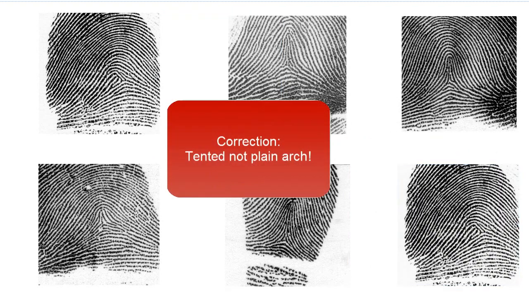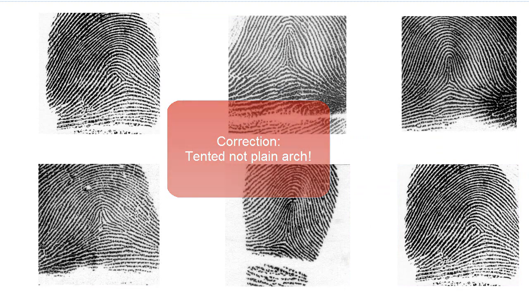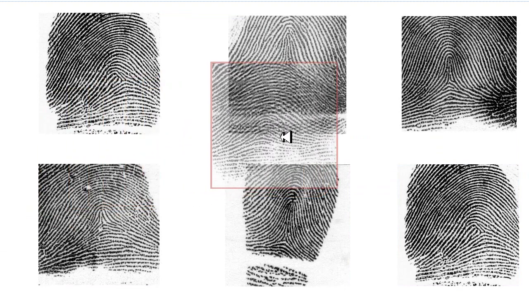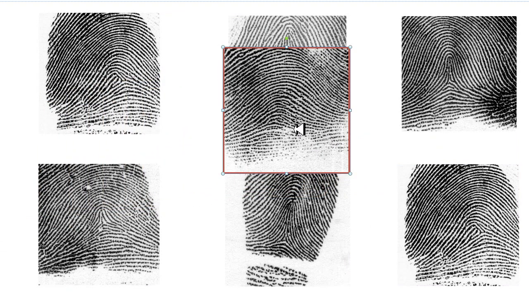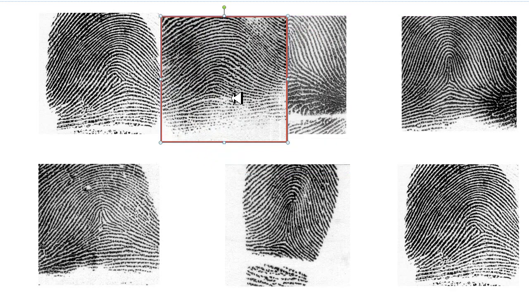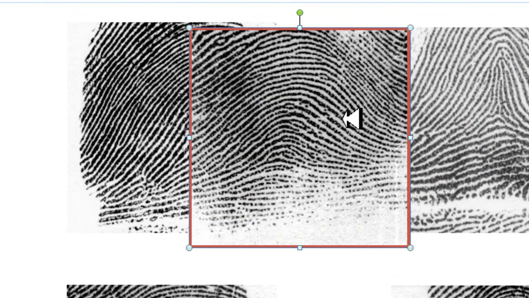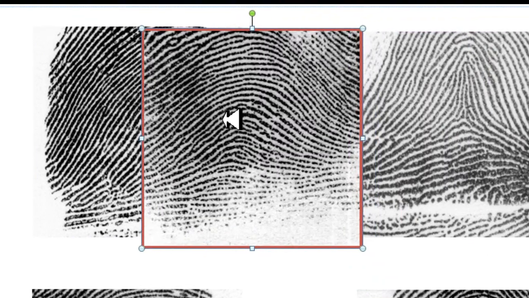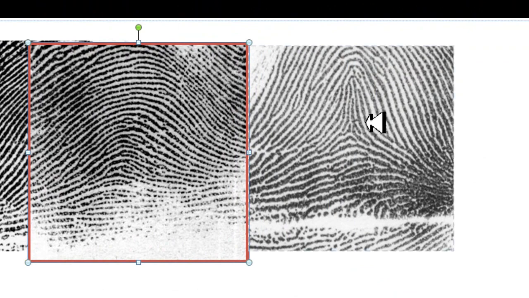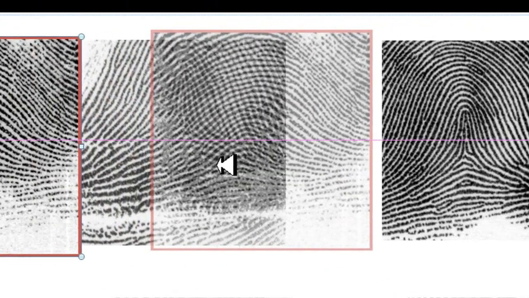Let's revisit, however, the plain arch, or the arch that we studied, and let's just bring that one back in here and put them side by side. There's the tented arch, there's the plain arch. Let's move this over. There's the plain arch, and there's the tented arch.